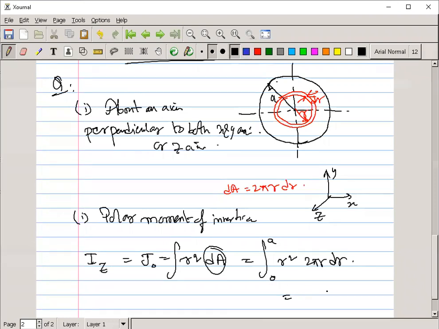So it will come as pi r to the power 4 by 2 by 4, right? So instead of r, if you put d by 2, diameter, we get pi d to the power 4 by how much?